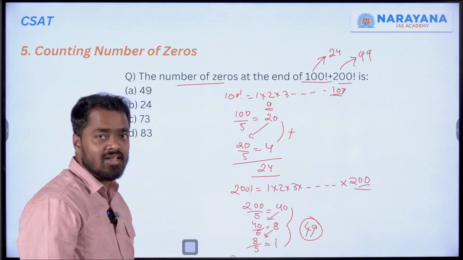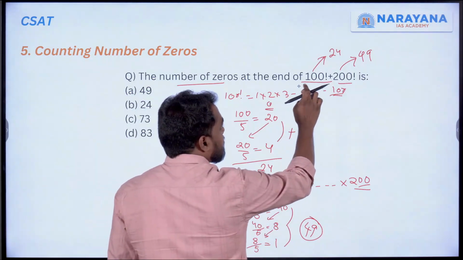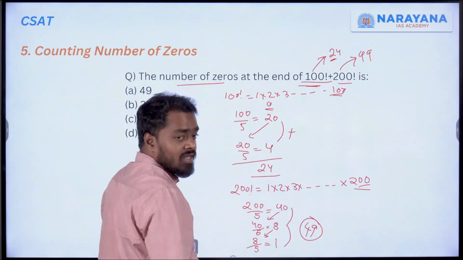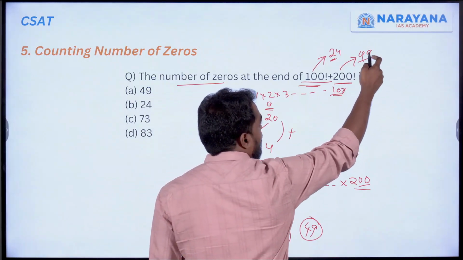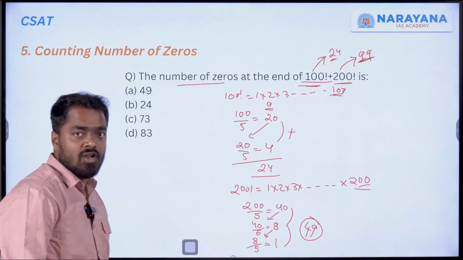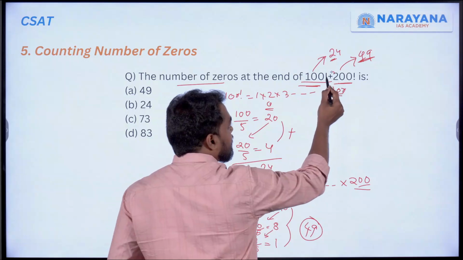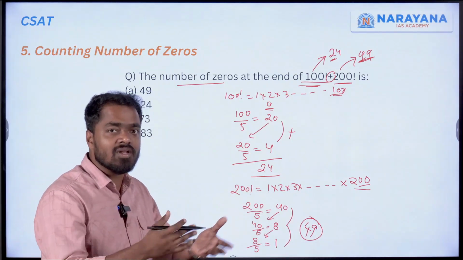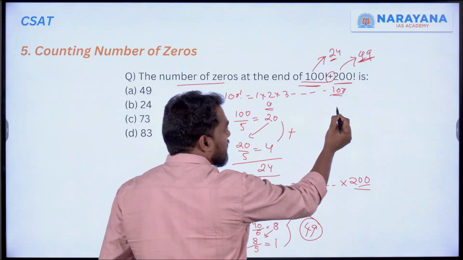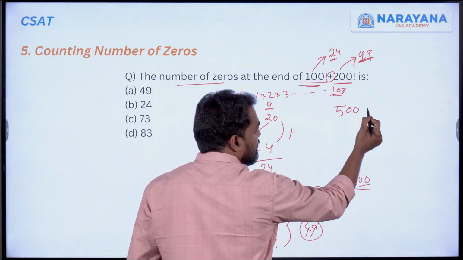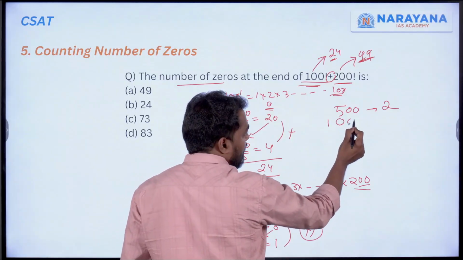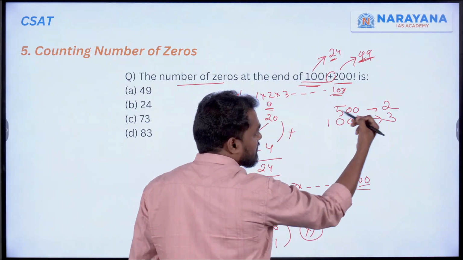Now here is the tricky part. In the first product there are 24 zeros. In the second product there are 49 zeros. Now they are asking for the addition of the first and second. When you are adding two numbers, how many zeros will there be? For example, take 500. How many zeros are there? 2. Take 1000. How many zeros are there? 3.